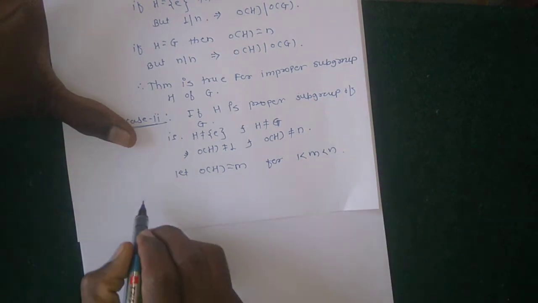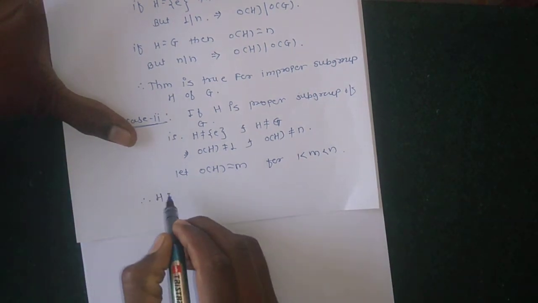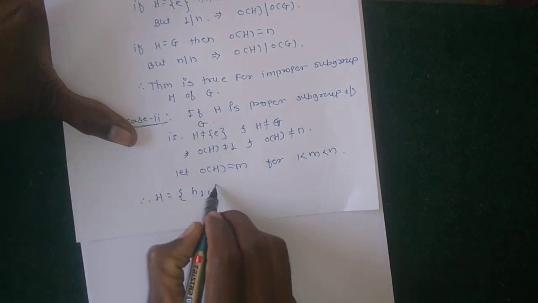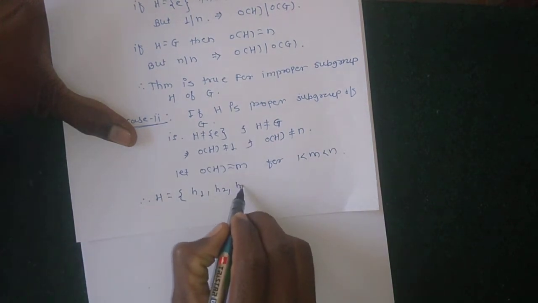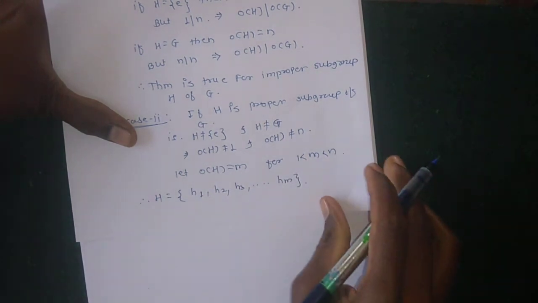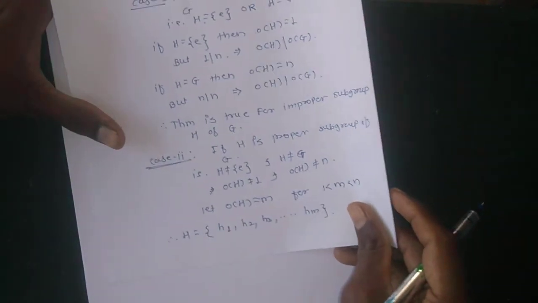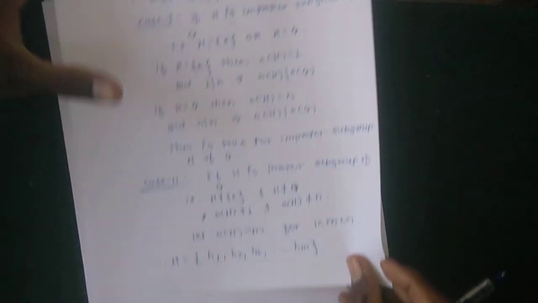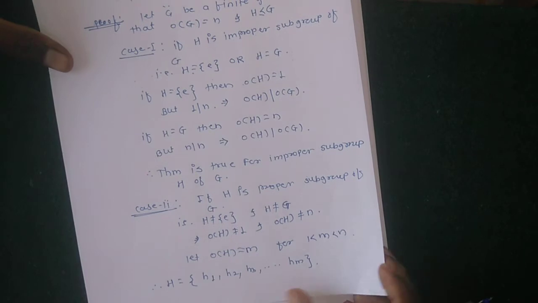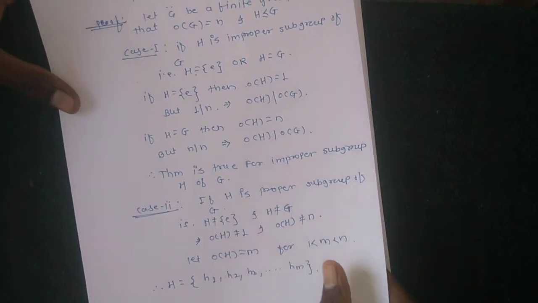Therefore H has m elements: h1, h2, h3, and so on up to hm. This is a subgroup of G, as given in the statement, and it has m elements.